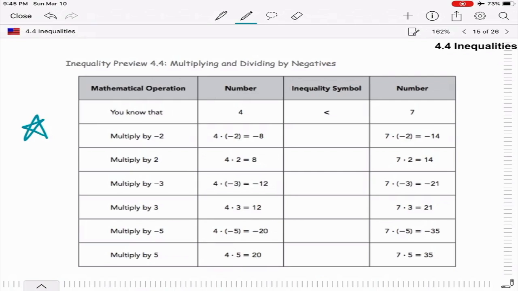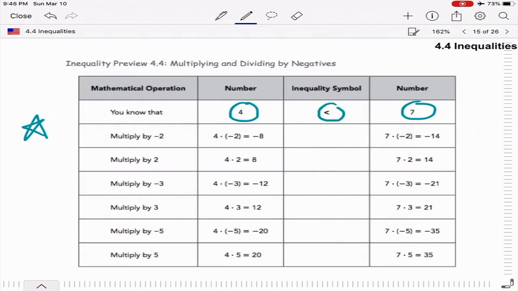I don't think this slide is going to explain well what you have to do, but this is part of the math and focus. So I'm going to do it their way first. I'll do it kind of quickly, but then I'll explain better what it's trying to say. What they're trying to say is, if you have 4 and 7 right off the bat, you know that 4 is less than 7, correct? That's why you have the less than symbol.